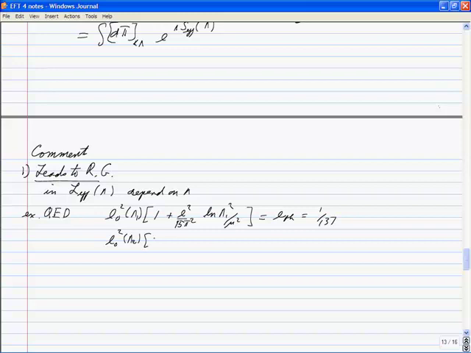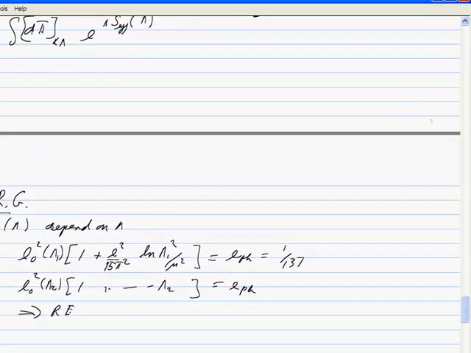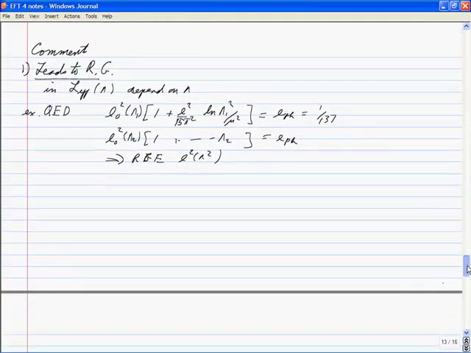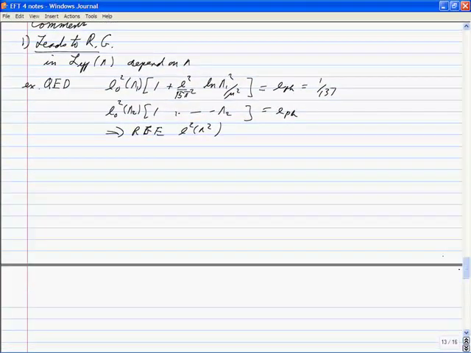If I change the scale, 1 plus dot dot dot, this thing with lambda 2 equals e physical, so that you'd end up generating a renormalization group equation for e squared of lambda squared to keep e physical fixed. Okay, so this is how Wilson sets up his renormalization group. Okay.